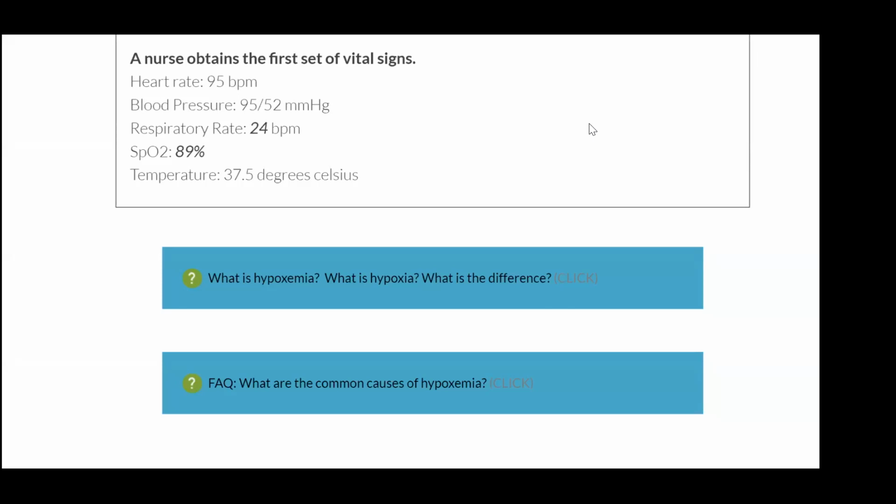At the same time, you can also write down what are the common causes of hypoxemia that we know, and then we go into a further discussion with Dr. Ndaba.